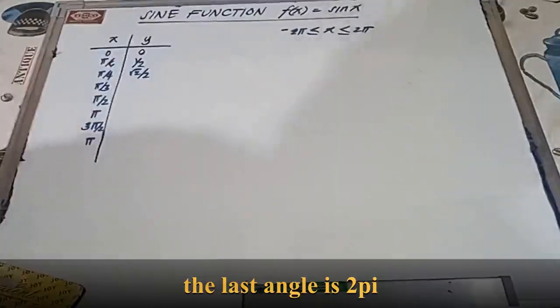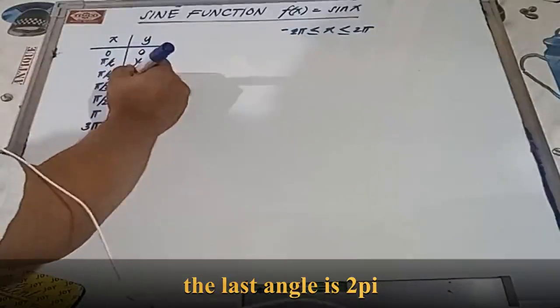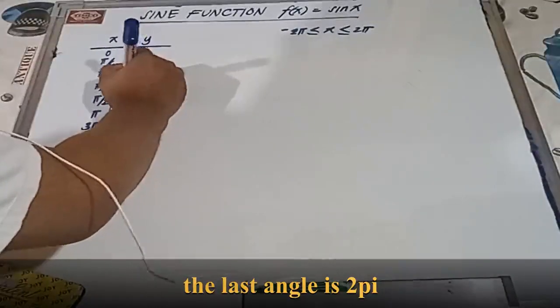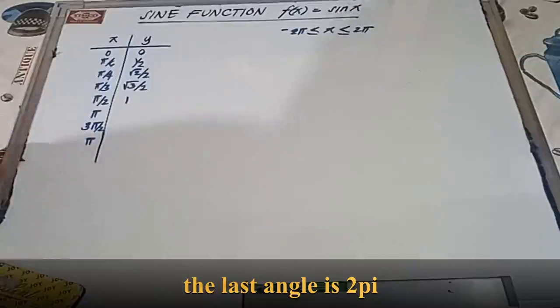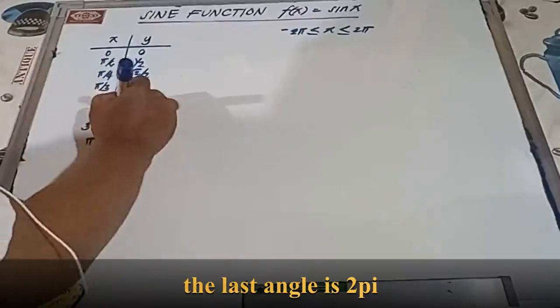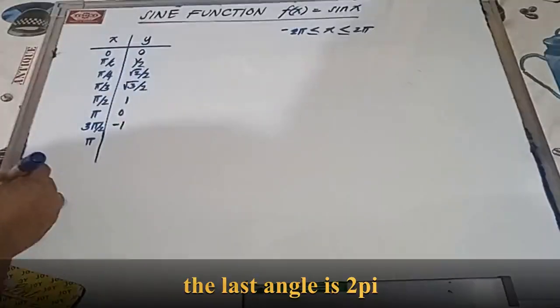Kung hindi nyo memorya to, meron man tayong table of values nito ng mga special angles. Sine 60 is square root of 3 over 2. Sine 90 is 1. Sine pi is 0. Sine 3 pi over 2 is negative 1.